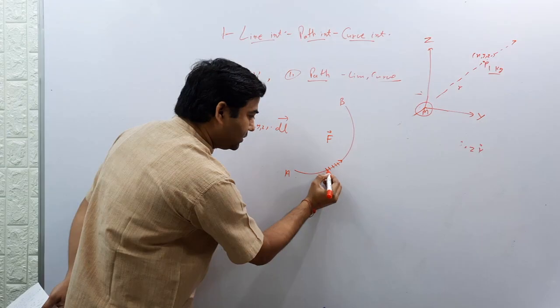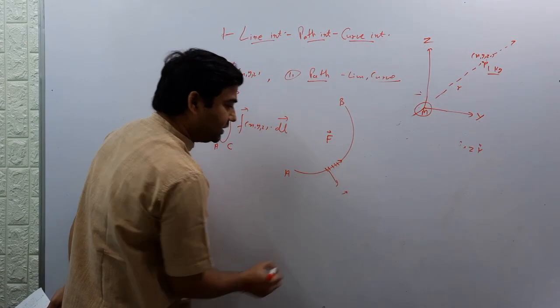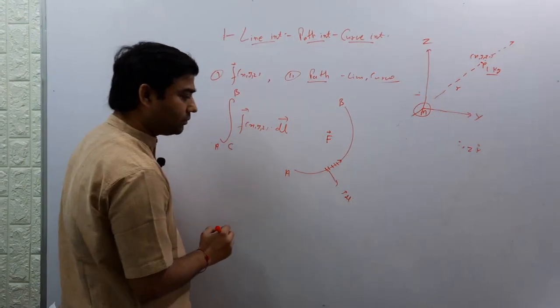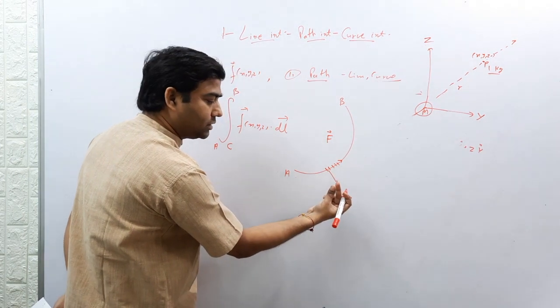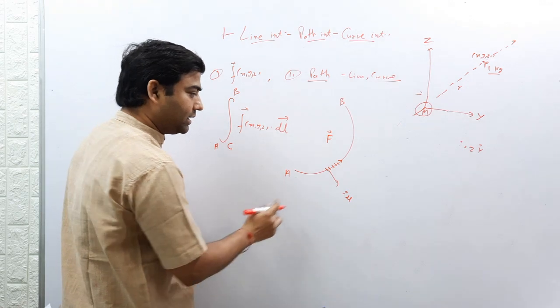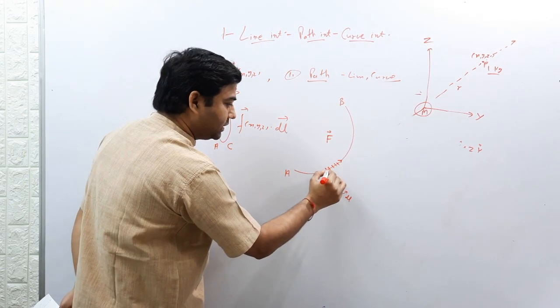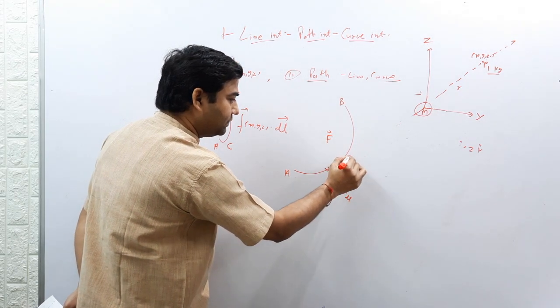For this small part, let there be a small displacement vector dl. Its magnitude is equal to the length of this vector, and for a curve, the direction will be along the tangent. Similarly for every dl vector.